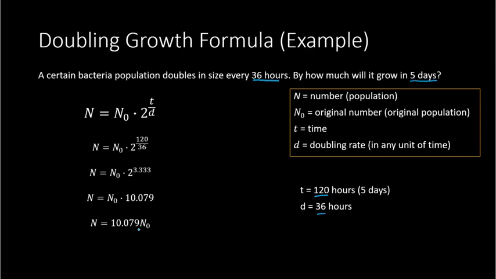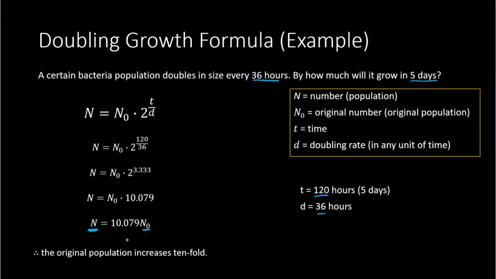So what does this tell us? This tells us that in 5 days, the amount of bacteria that we have, N, the population of the bacteria, will be 10.079 times the original amount, N sub 0. So we can say that whatever the population was originally, in 5 days it's going to be 10.079 times larger.